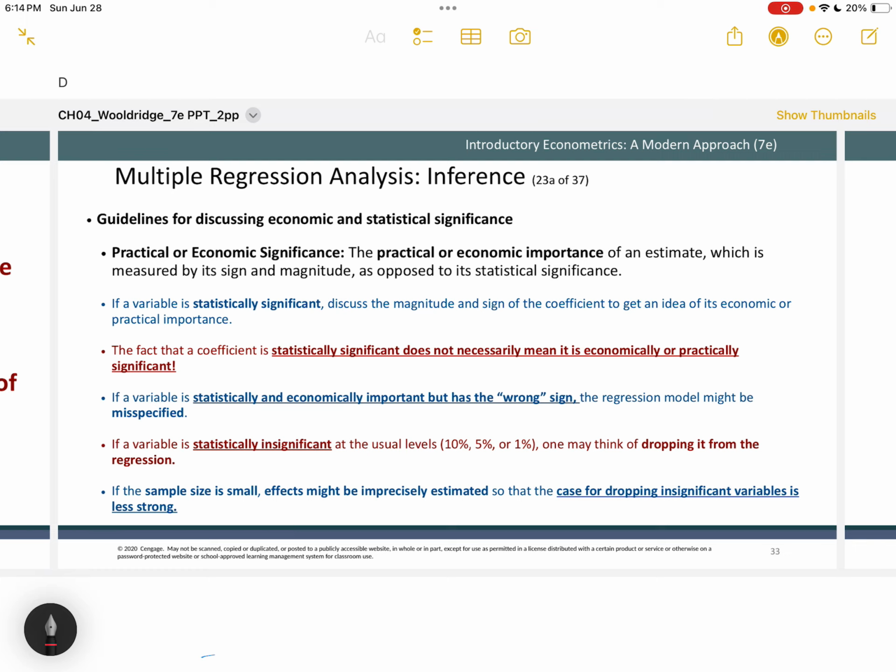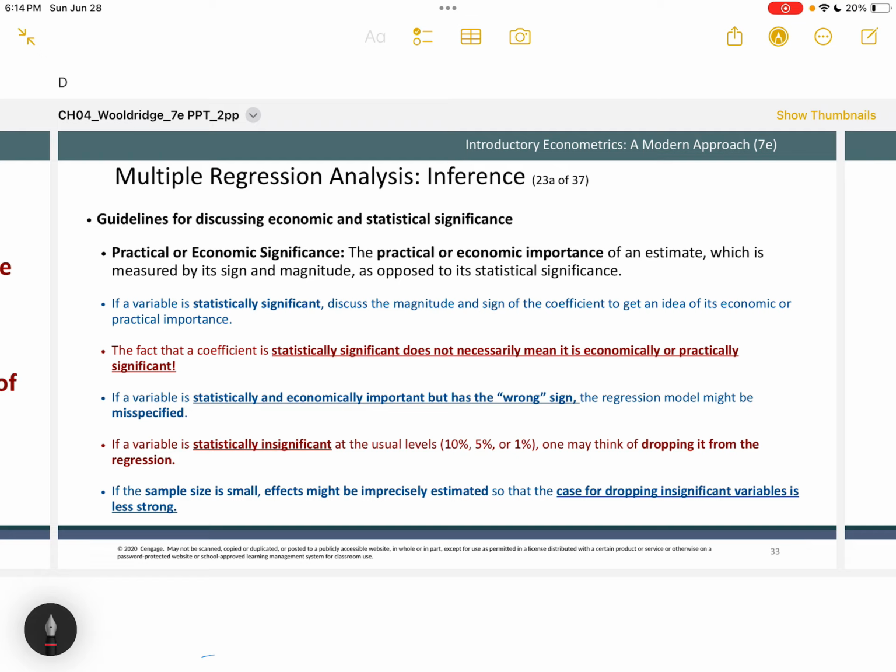Now, statistical significance, we check that when we do hypothesis tests. But they are not the same. The coefficient of a variable may have the wrong sign and yet be statistically significant.